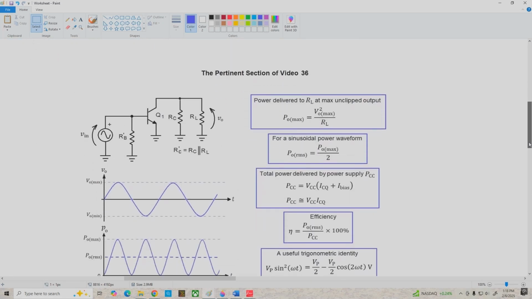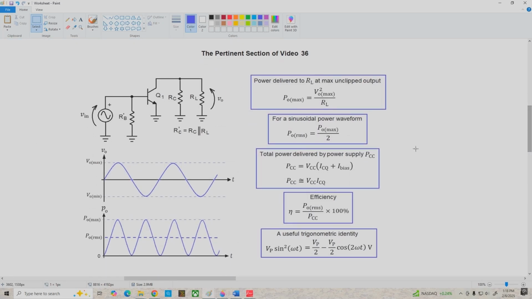And for just a little bit of review of what is in that video, here are some of the equations and so on that we dealt with related to a transistor, but it also applies to vacuum tubes. And I'm not going to go through this again, so if you want to take a look at this, here's a summary. Go back to video 36 and you can see the full deal.